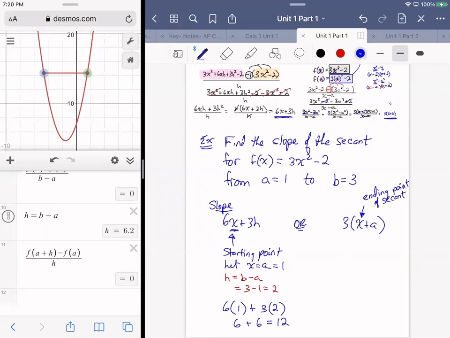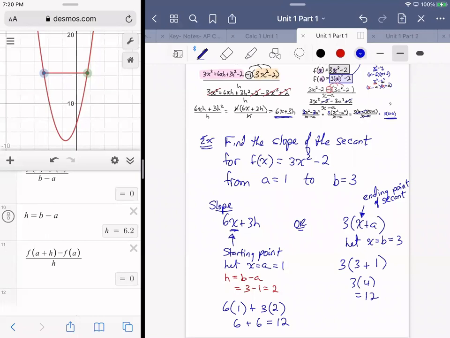So we let x equal b, which is 3. So 3 parentheses 3 plus the a value, 1. 3 times 4 would be equal to 12. So in both cases, you get 12.